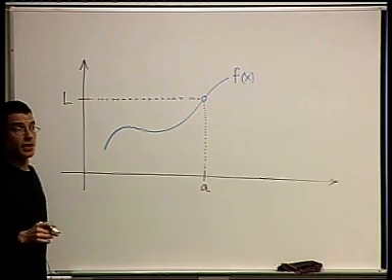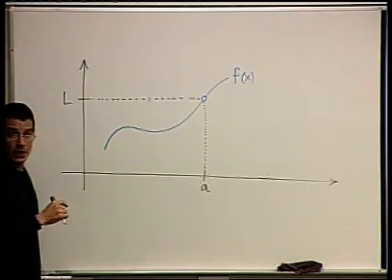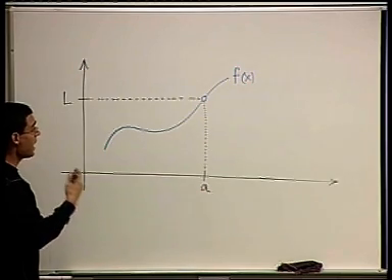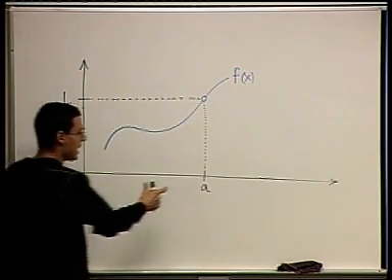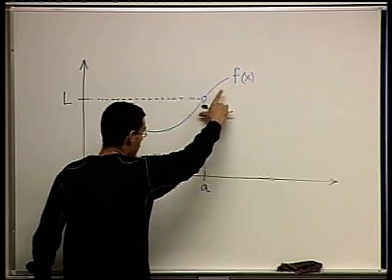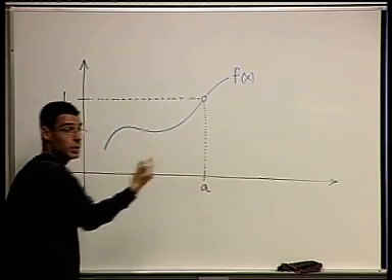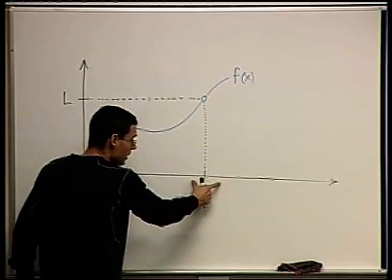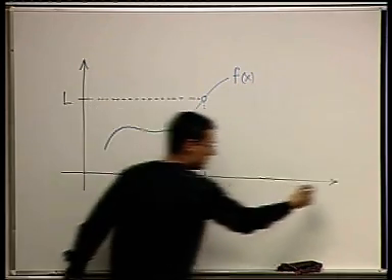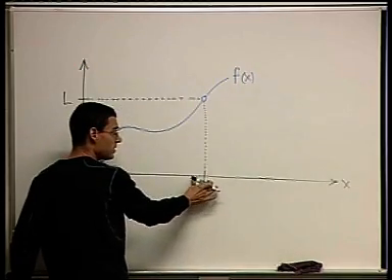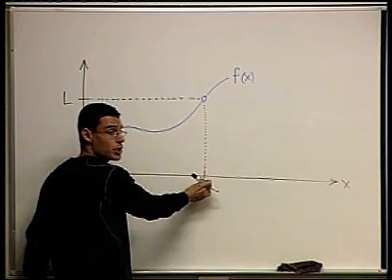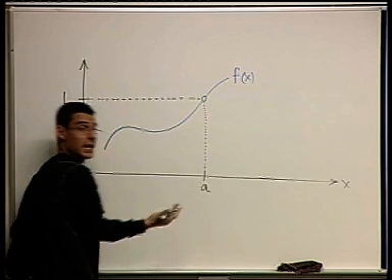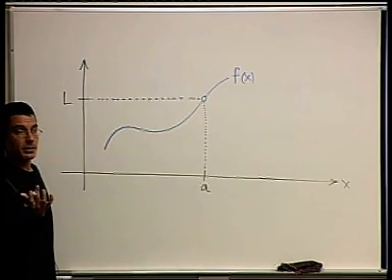This is the notion of a limit. That's what this L stands for, limit. And the statement is that the values of the function tend to L, or approach L, as the values of x tend to A, or approach A, or get closer to A. That's the notion of a limit.